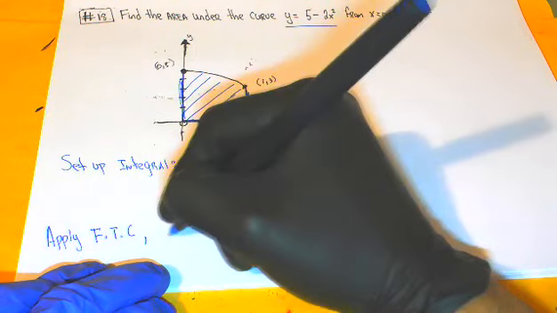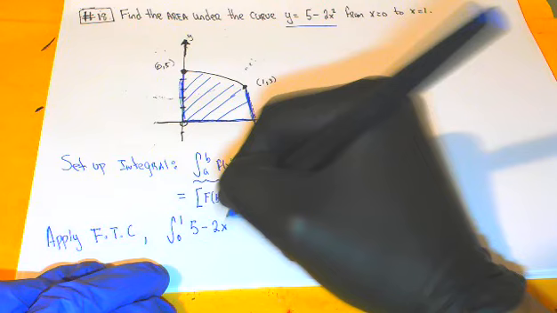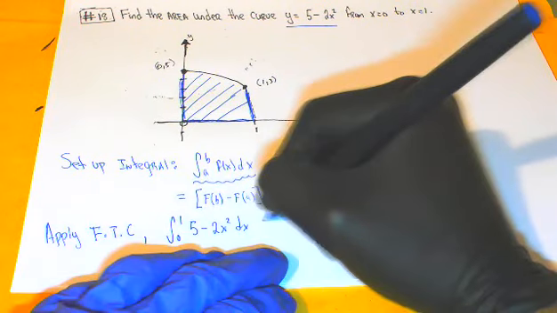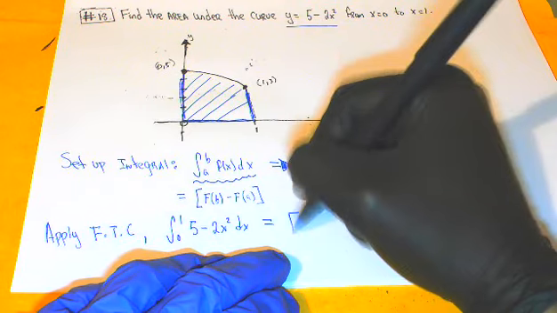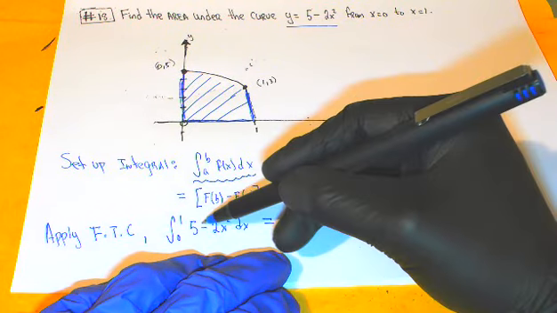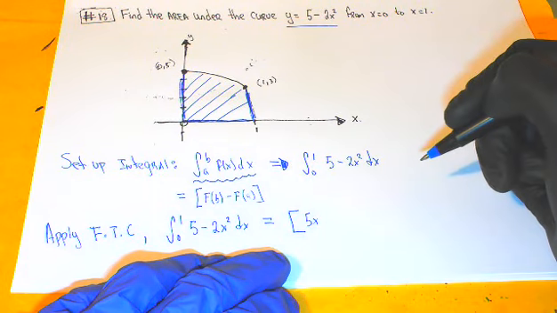So we have the integral from 0 to 1 of 5 minus 2x squared dx. Let's integrate. The antiderivative of 5 is 5x.